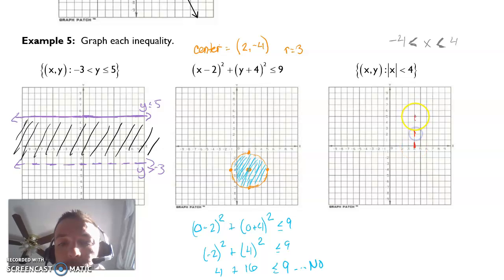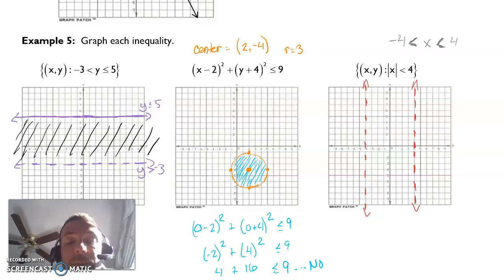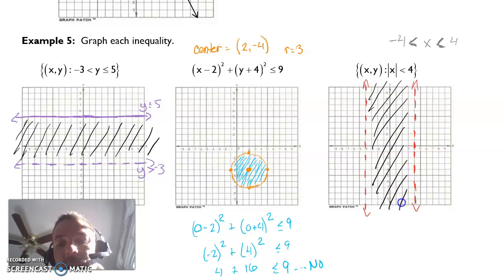X is less than 4, so it's a dashed line through 4 on the x-axis. And it's greater than -4, so it's a dashed line through -4 on the x-axis. And if I checked a point, 0 is less than 4 and it's greater than -4, so I am going to graph or shade the middle section here.